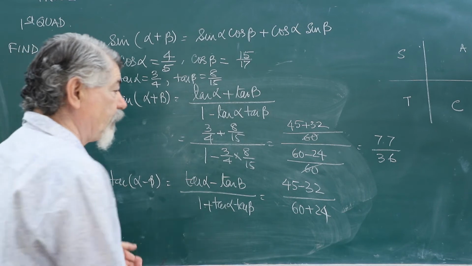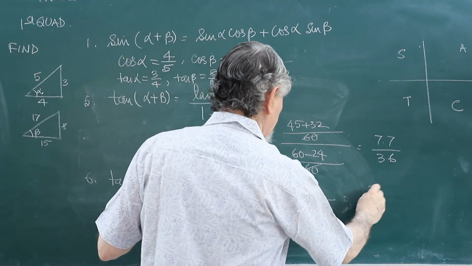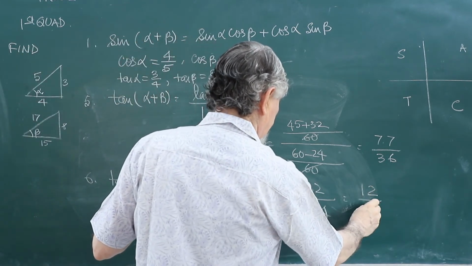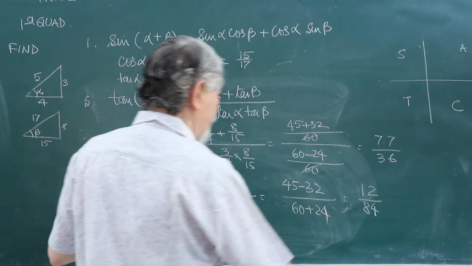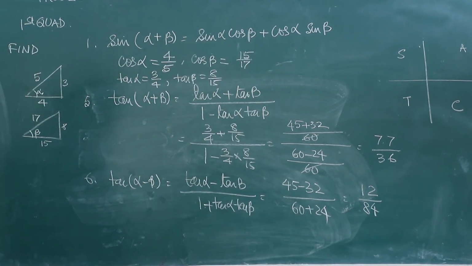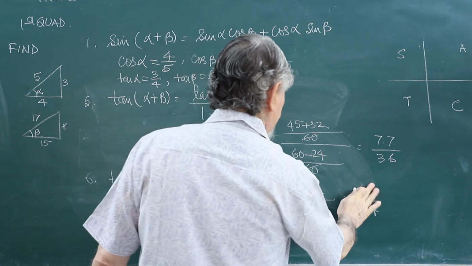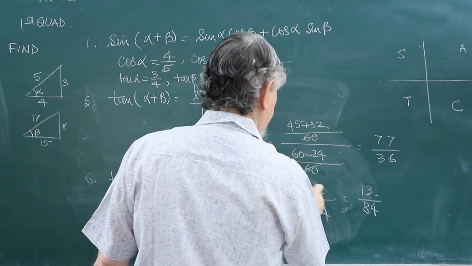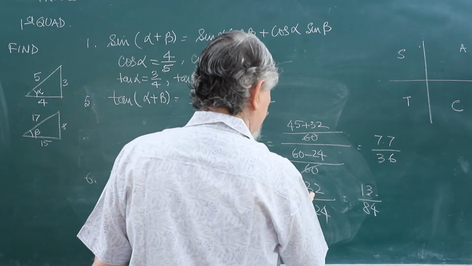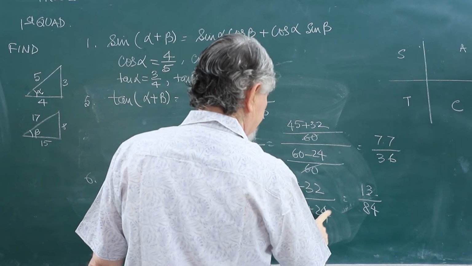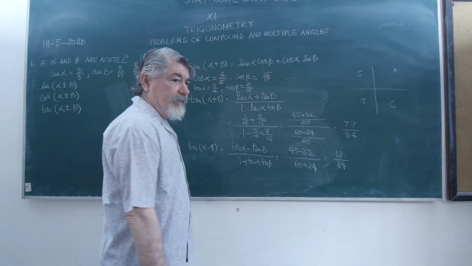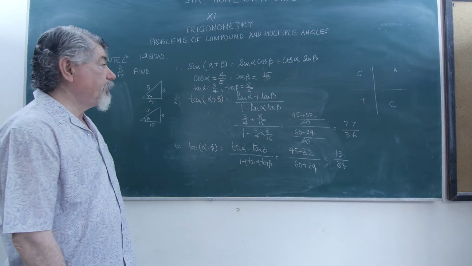So what will we get? 45 minus 32 is 13, and 84. You get 13 upon 84. 60 plus 24 is 84, you cannot cancel anything, so it will remain 13 upon 84.